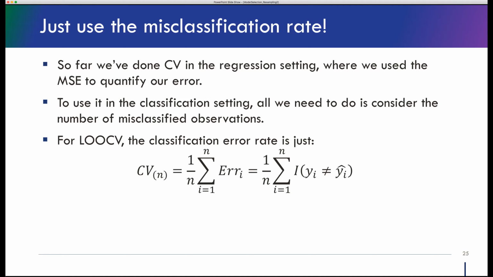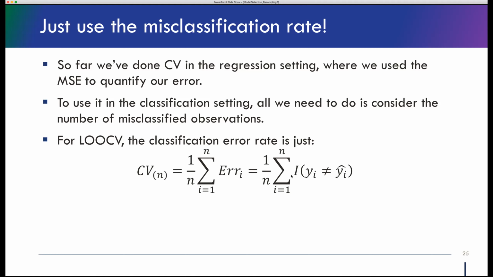Basically for that single observation that you treat as your testing set, you just see if it's misclassified or correctly classified. Just count how many errors you made for those single testing observations and sum them up, divided by n. That's your averaged misclassification error.